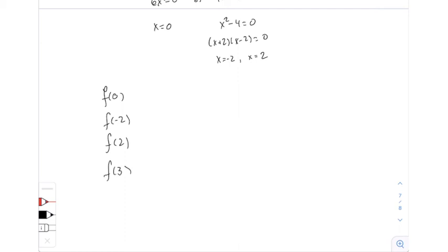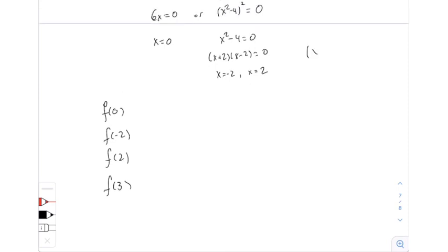And I'm plugging into the original function, which, to refresh my memory, is x squared minus 4 cubed. So this one would be 0 minus 4 cubed. And here's where you might want to use a calculator. 4 cubed is 4 times 4 is 16, and then times 4 again is 64. And it's going to be negative, because a negative number cubed is a negative number. So you get negative 64 for plugging in 0.